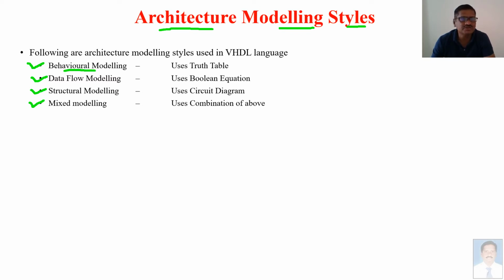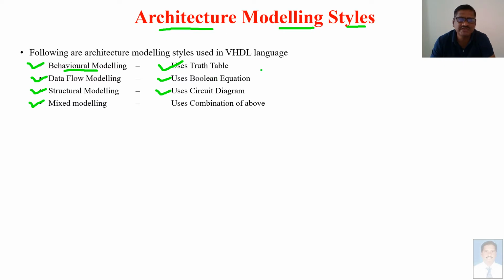Behavioral modeling is suitable whenever the truth table of the system is available with the designer. Data flow modeling is suitable whenever the Boolean expressions or equations of the system are available. Whenever the circuit diagram or actual architecture of the system is available, we will prefer structural modeling.